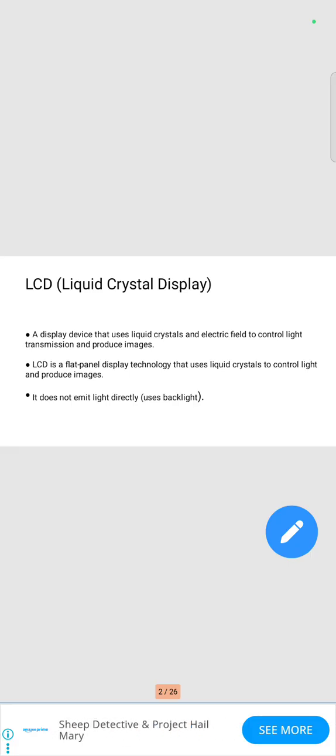So coming under this topic, liquid crystal display uses liquid crystals and an electric field to control the light transmission and produce the images. How are the images produced using this display device? It uses liquid crystal, as we already know, and an electric field.